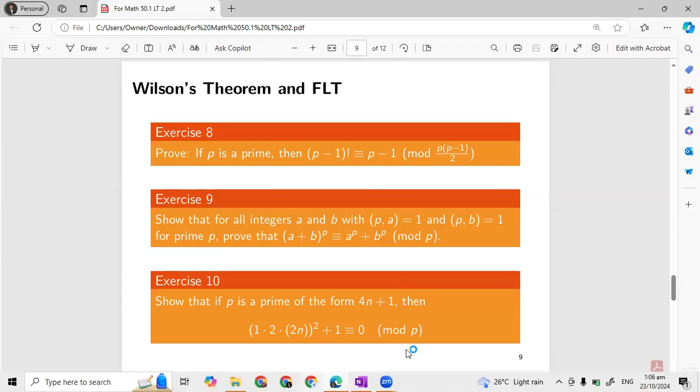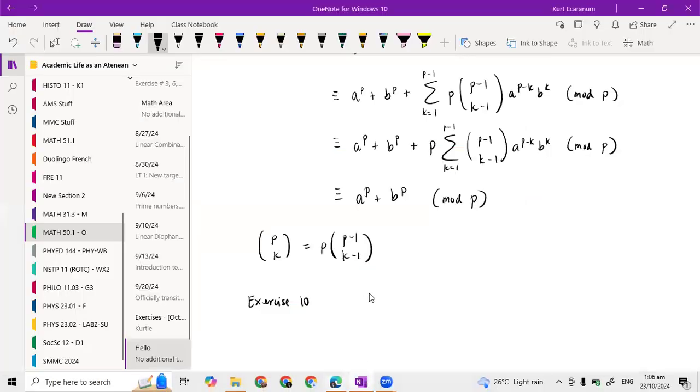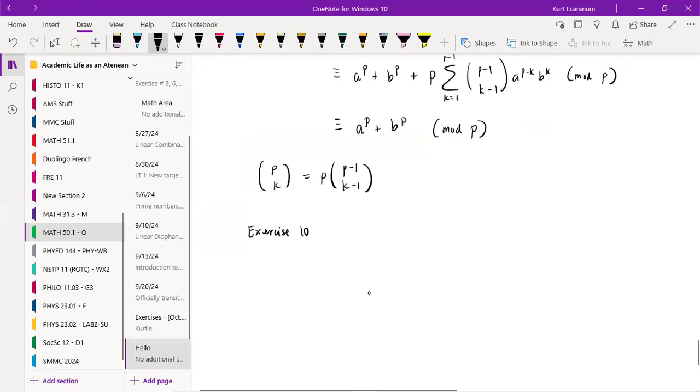Okay. Ang idea dito is, ito. Sulat natin. P is of the form 4n plus 1.